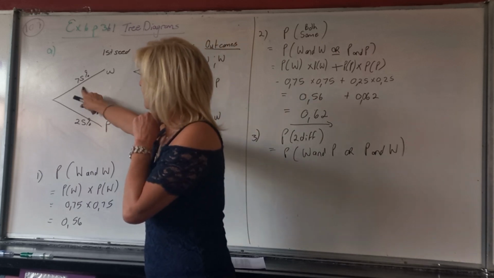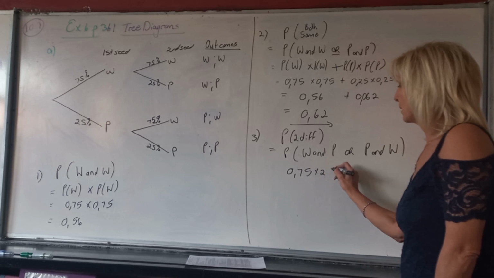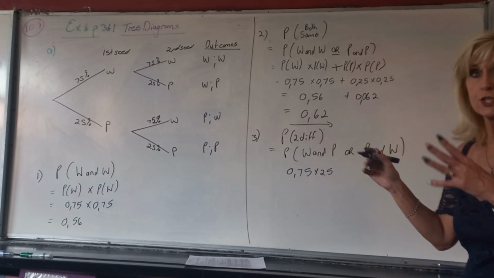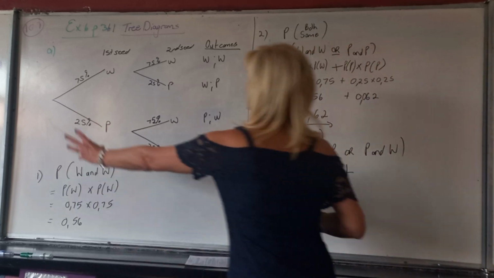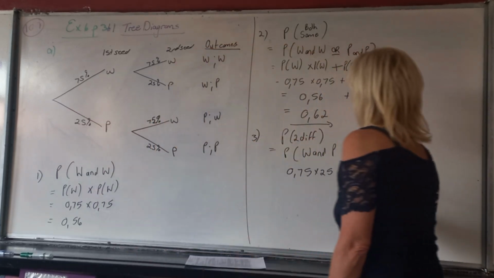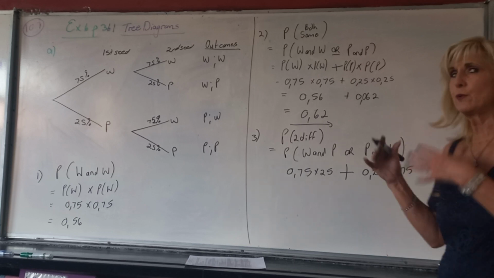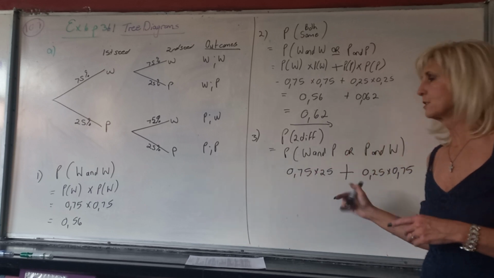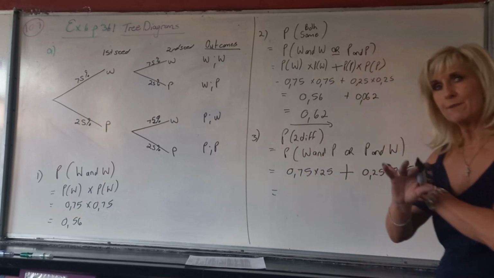White and pink will be 75% times 25%, just do it correctly on your calculator, plus the pink and white, 25% times 75%. And you knew it was going to be the same. So it's basically double whatever the one answer is.